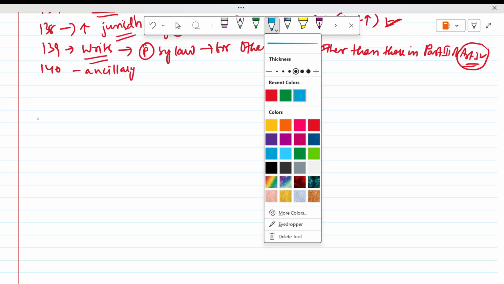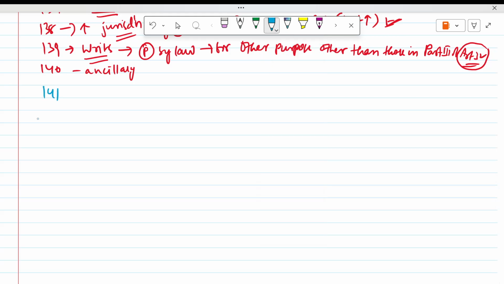Then 141, law binding on all courts. Whatever the Supreme Court says, all those judgments, everything, it is binding on all courts, that is high courts, subordinate courts, the lower courts.